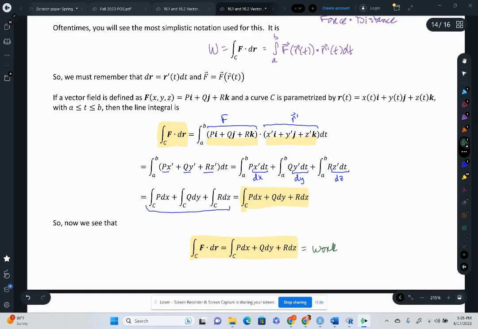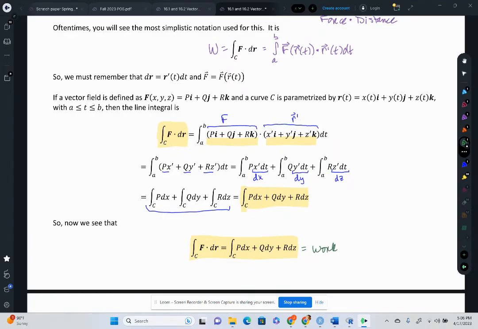a distance vector, then this is work. That's just one application. I do want to stress that when you calculate a line integral of a vector field, it's not necessarily work, but it can be. And so just like we like to have an application to think about when we're dealing with a single integral, we think of area under the curve. A double integral is volume under the surface. A triple integral is something in the fourth dimension.